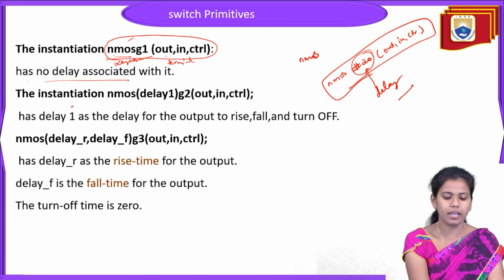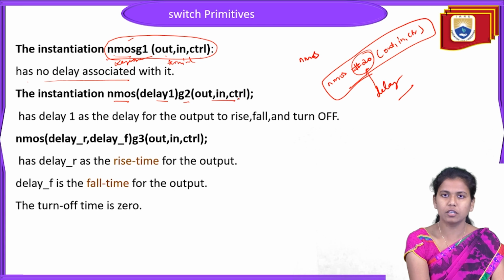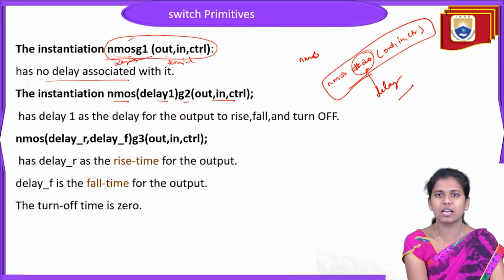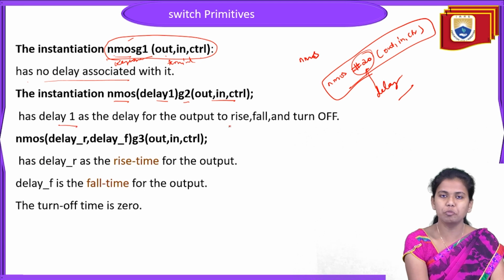And then the instantiation of the NMOS keyword goes followed with the delay, the gate that you are considering, and the terminal list. In this particular example, we have a delay 1. So this NMOS transistor switch has a delay 1, as the delay for the output to rise, fall and turn off.